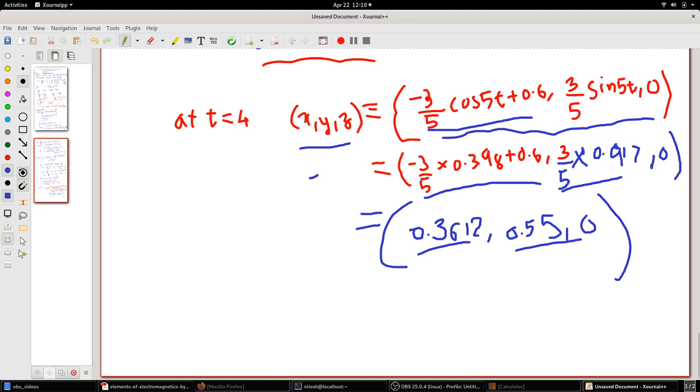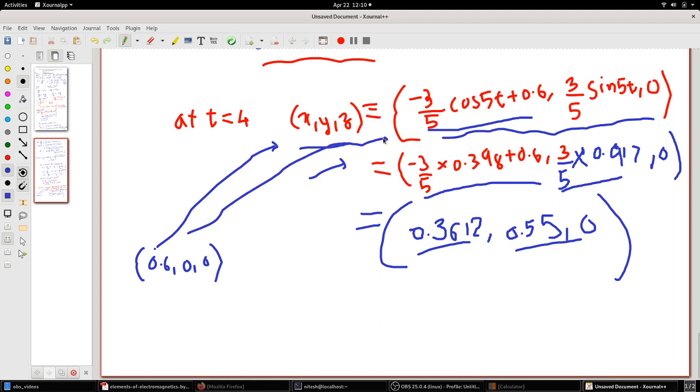That is clear, right? So now let's consider a point P at 0.6, comma 0, comma 0. Now the distance of this point from the particle will be equal to the distance from this point. Let's assume that x, y, z is the position.